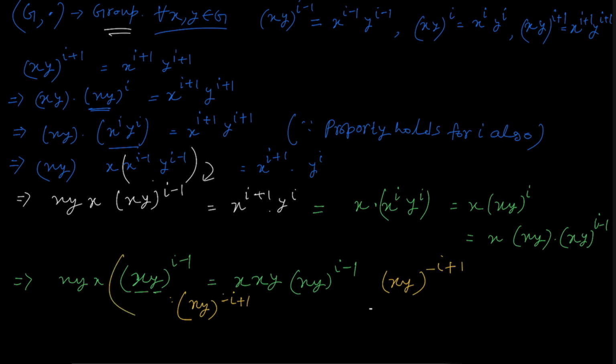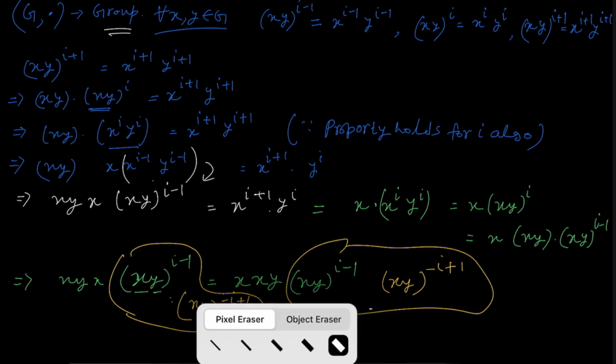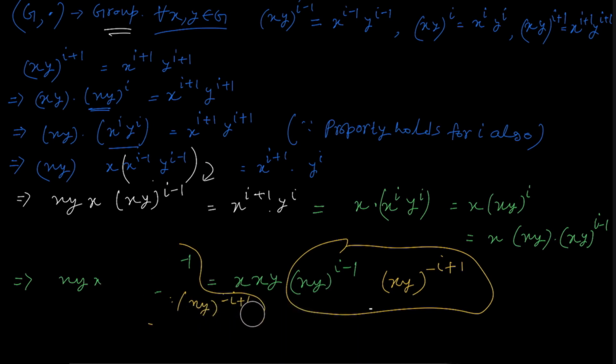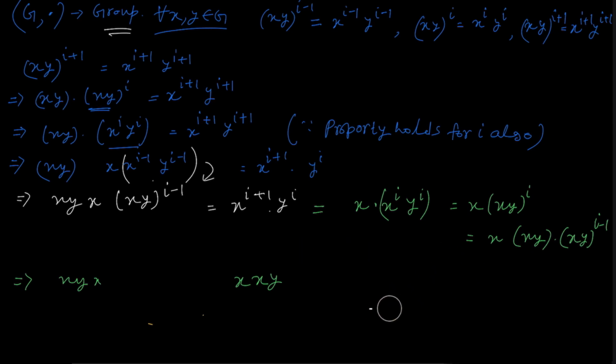In that way these terms give identity, so we can replace this by 1. So finally we get xyx = xxy.